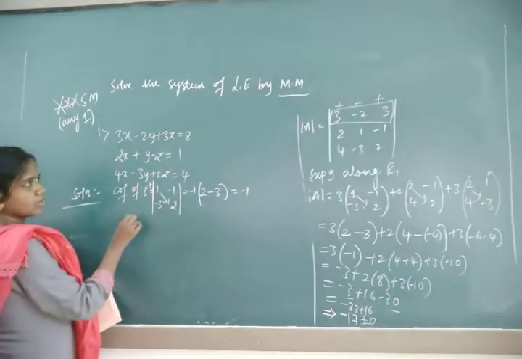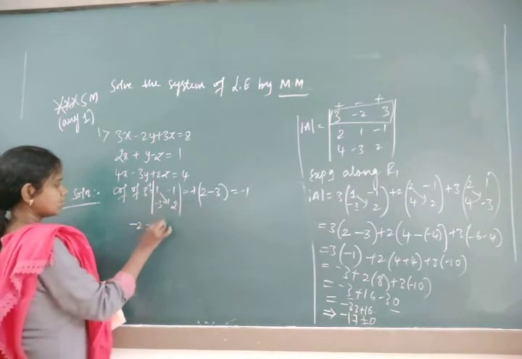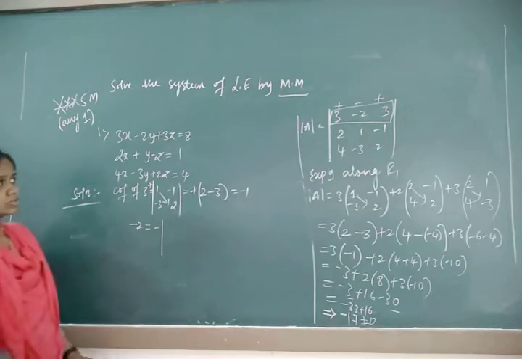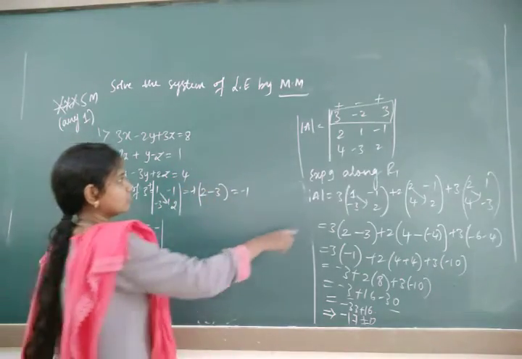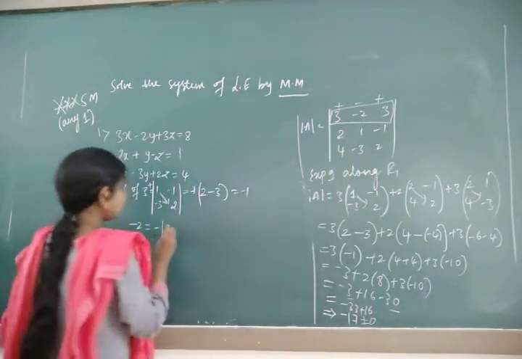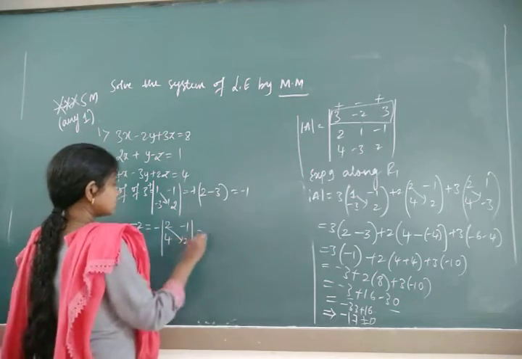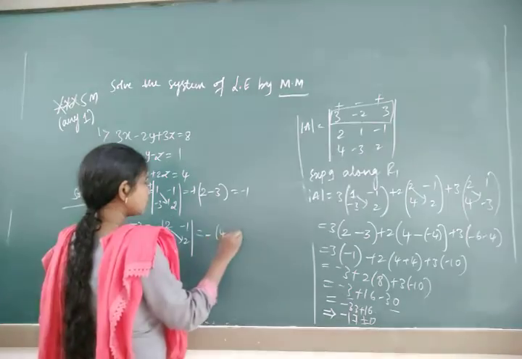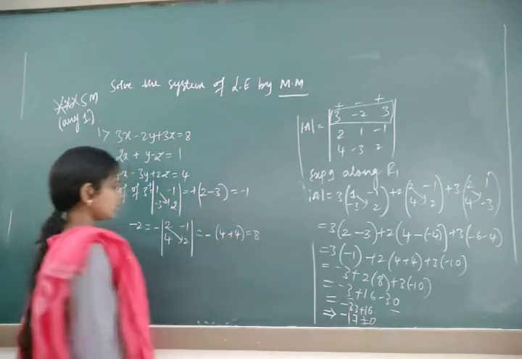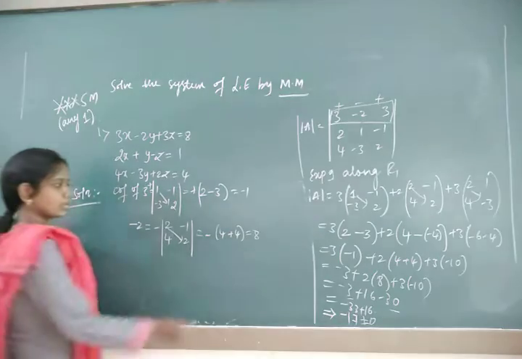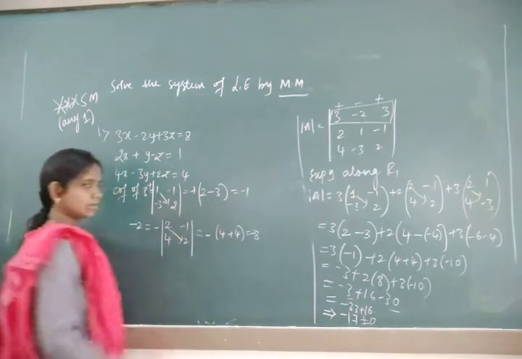Next go with the cofactor of minus 2, sign is minus, you take alternate signs plus, minus. So deleting first row second column, it will remain as 2, minus 1, 4, 2. So it's minus of 2 2s are 4, 4 plus 4 which equals 8. While moving to the secondary diagonal, take minus, it's minus 8 because outside is minus.